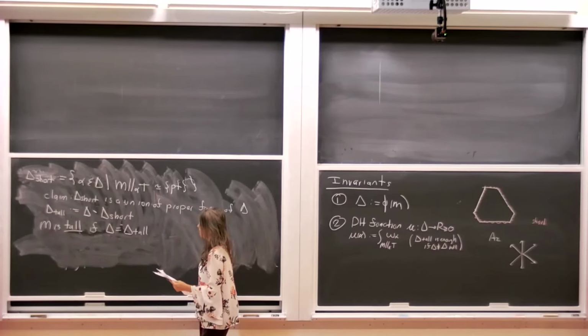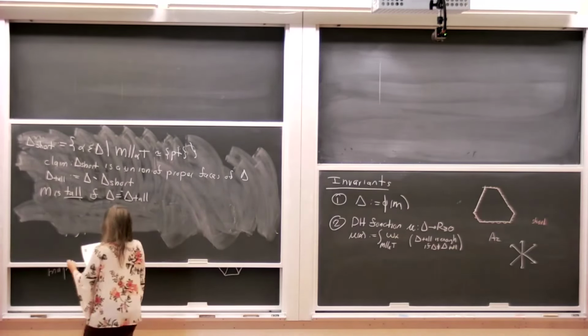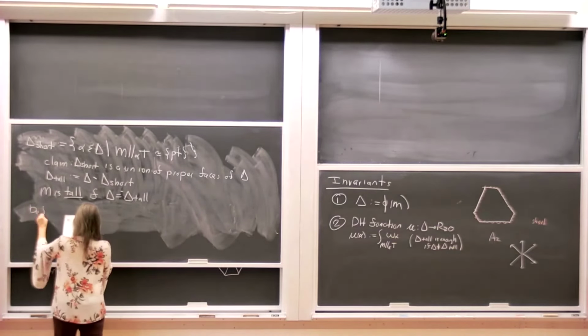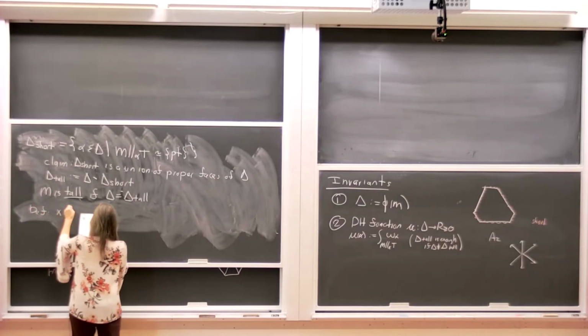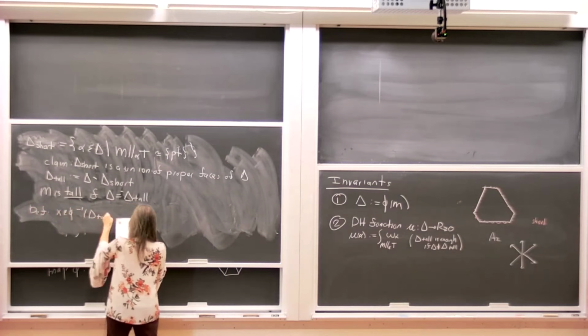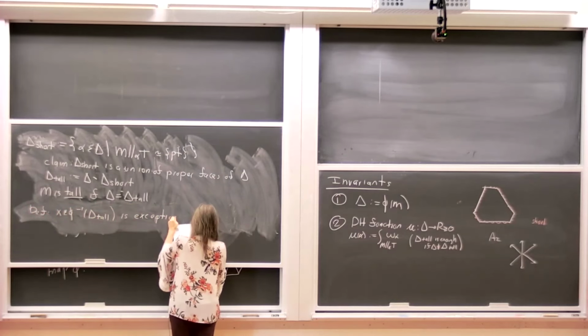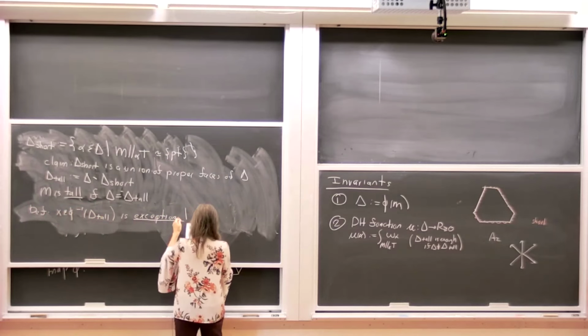So I need another definition, which is that X in phi inverse of delta tau is exceptional. I'm defining this term.